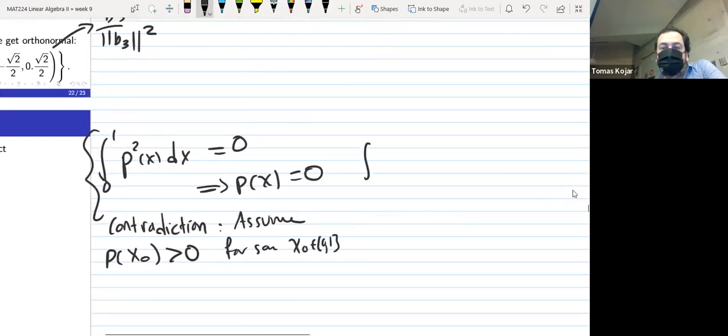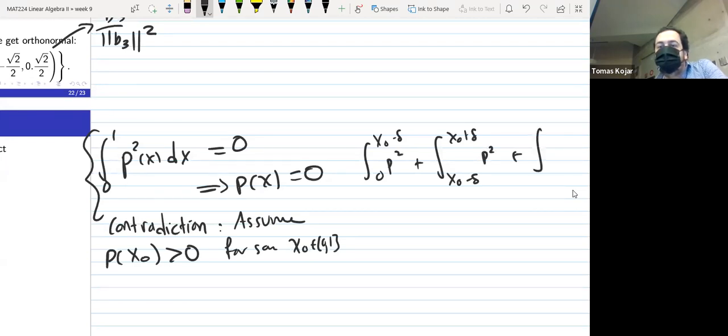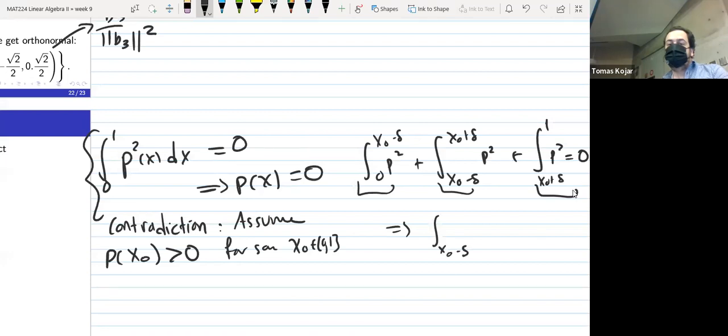So you have your 0, x naught minus delta, x naught plus delta, and then the rest, x naught plus delta to 1, where the square is greater than or equal to 0. This is a sum of positive numbers, so this is also greater than or equal to 0.